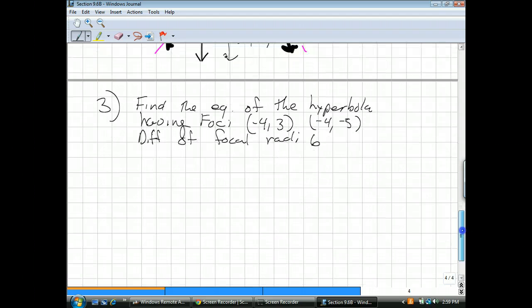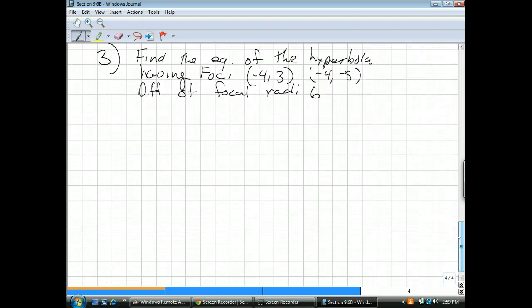Okay, so again, just like before, what we want to do is just kind of see where the foci are so we know which way it opens.